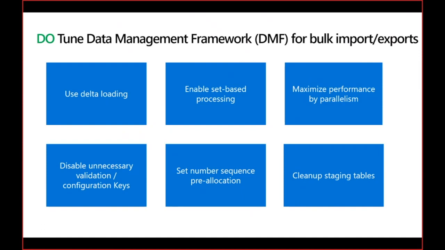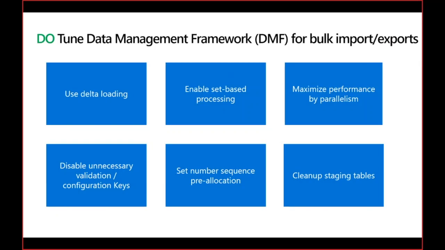For example, that you can use delta loading or the incremental push after a full push, that you can enable set-based processing for certain entities, of course, if they are developed in a way that they support it, that you can use parallelism, for example, for mass import scenarios, and that you also have to think about other things like, for example, disabling unnecessary validations or configuration keys, which can lead to an overhead in the data import-export framework.